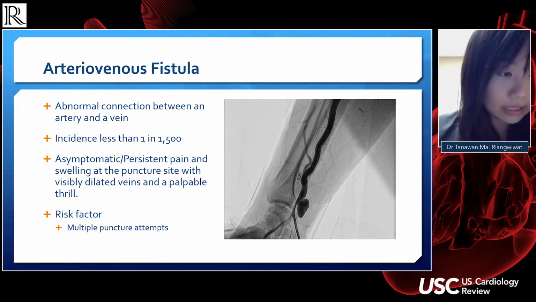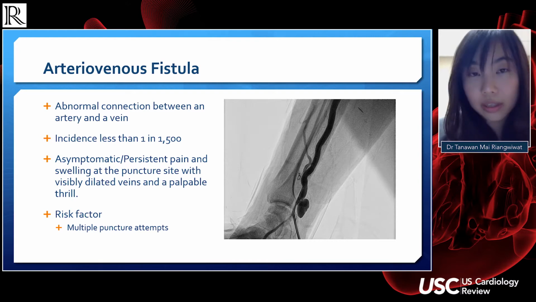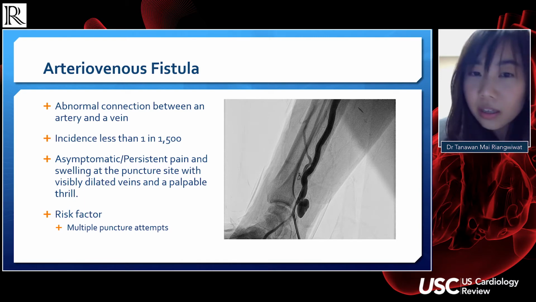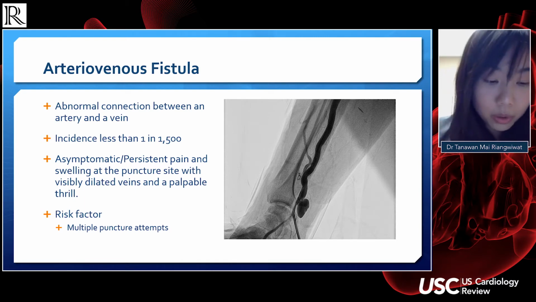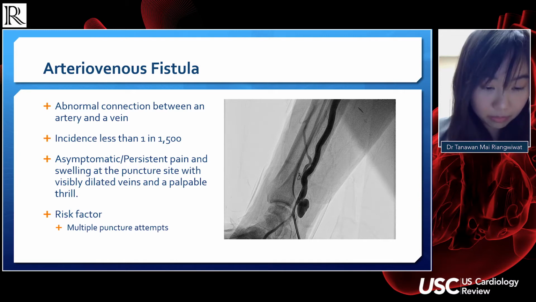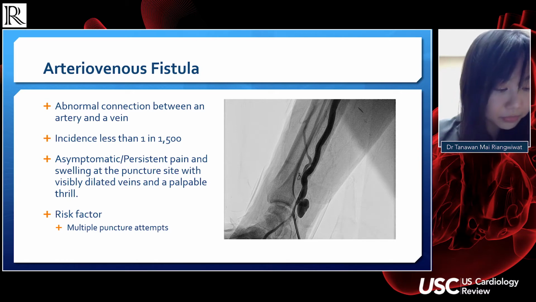And the next complication is AV fistula. This is a connection between the artery and the vein, and it's pretty rare. It's less than 1 in 100, about 1 in 1,500. The patient can be asymptomatic, or it can present with persistent pain, and you can see a palpable thrill in the artery. The main risk factor for this is multiple punctures, because the radial artery is surrounded by small veins.